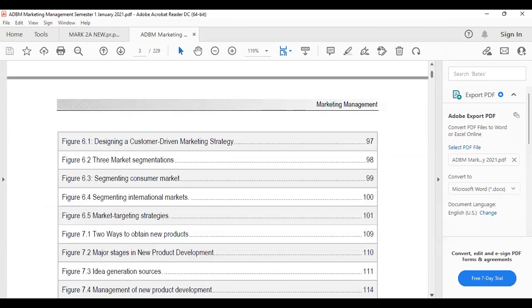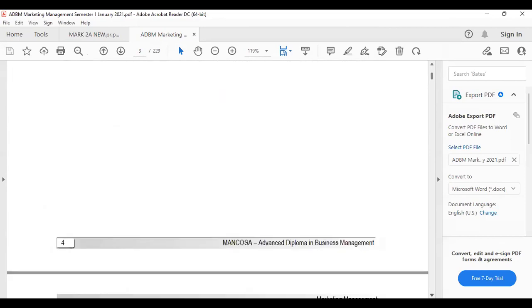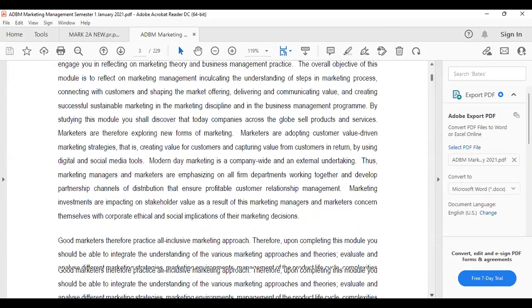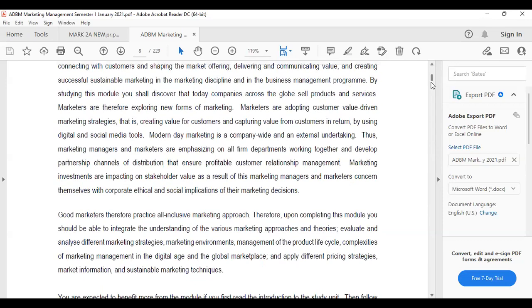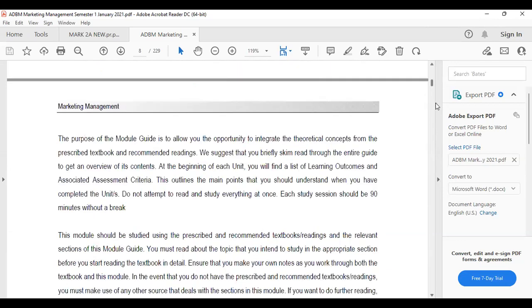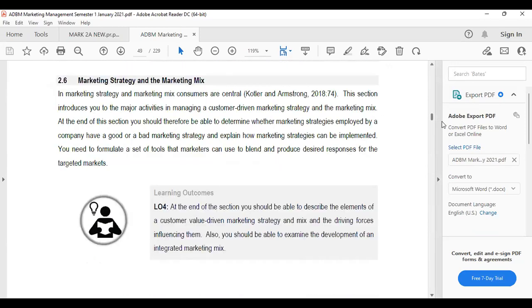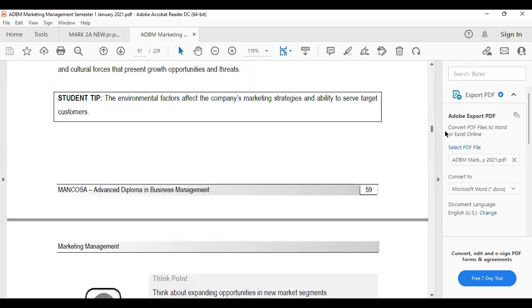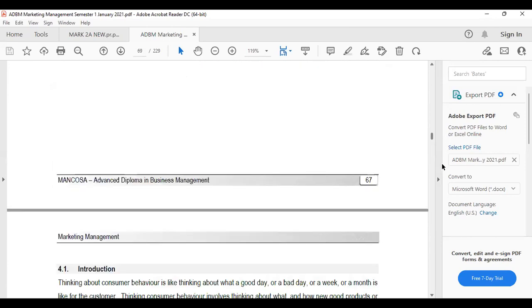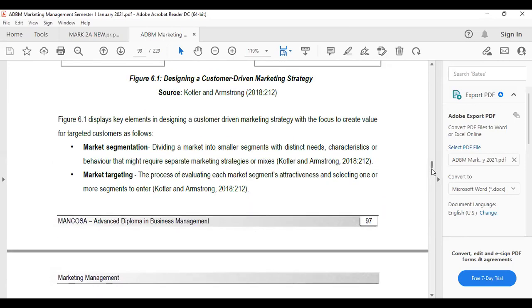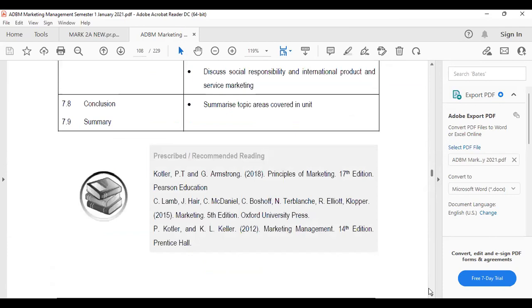We are on page 105. Bear with me a bit. Here we go. Right.